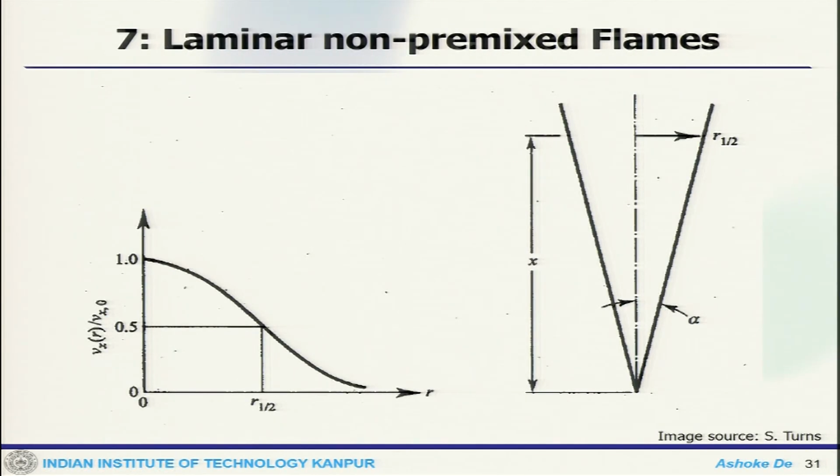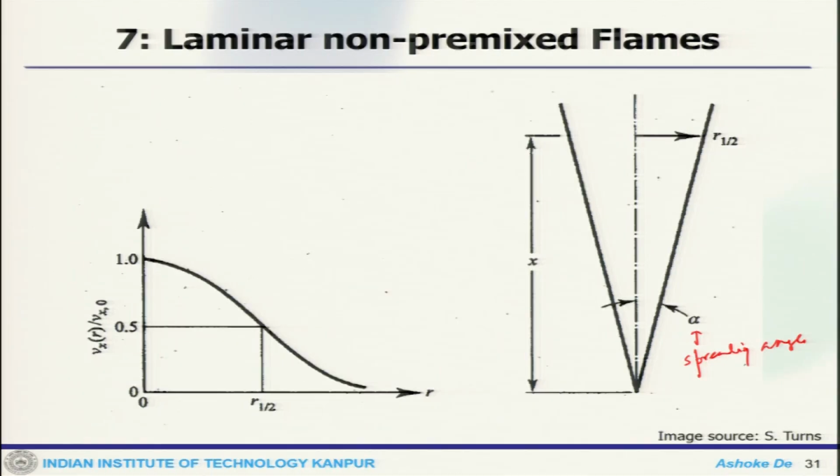So, you can see this is our spreading angle, and this is the half width, and then along this R half by x will give you the jet spreading rate.